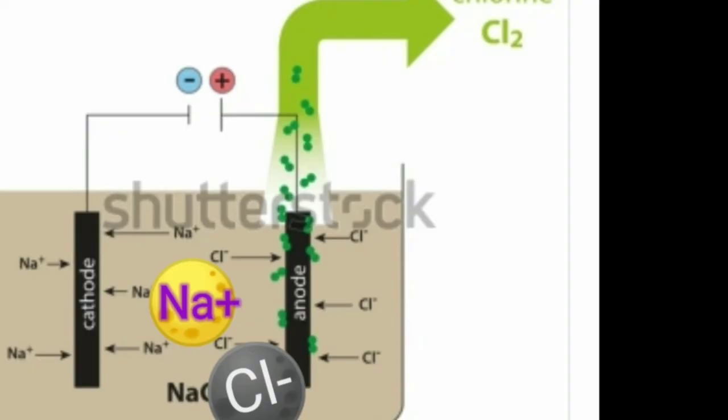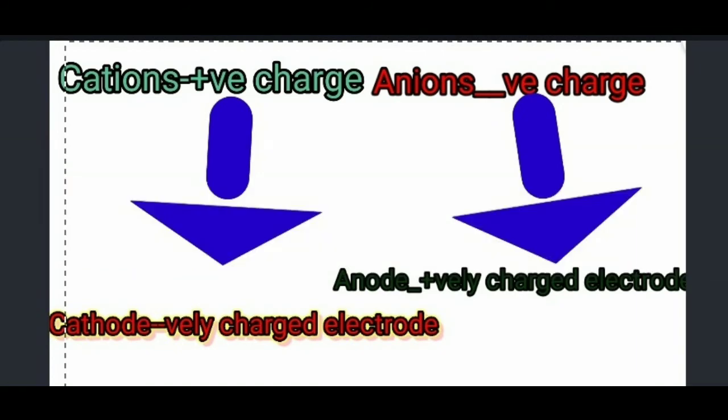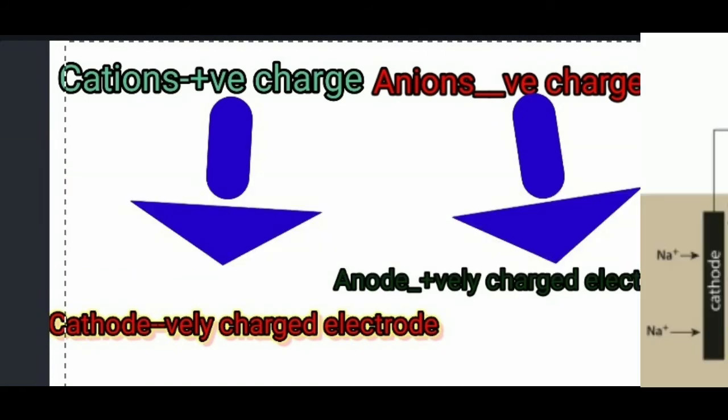When an electric current is passed, the cations, that is the sodium ions in the solution, get attracted towards the cathode. When they go to the cathode, they receive electrons and they become sodium metal.